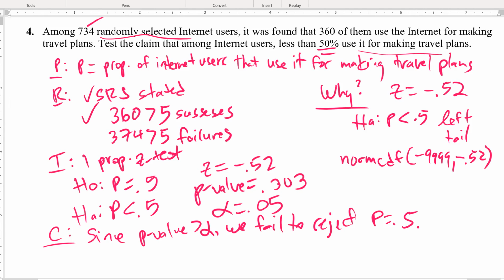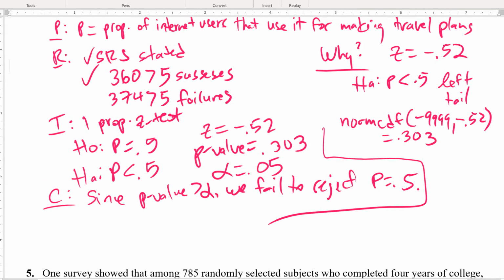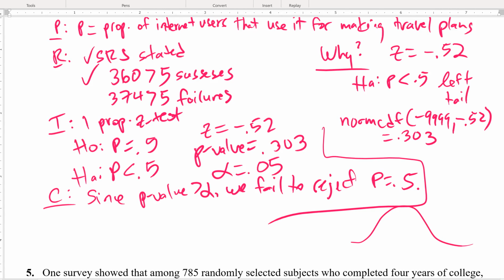Visually, what we did, I should have left some space there, but I'll fit it right here. We took the claim as truth. We got a z-score of negative 0.52, and we did the probability to the left of that.